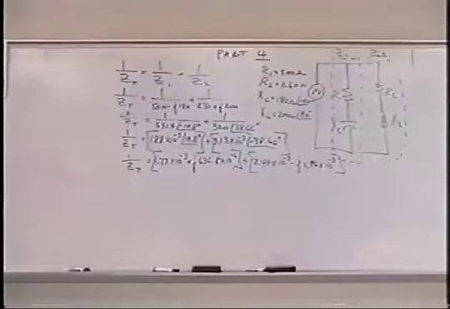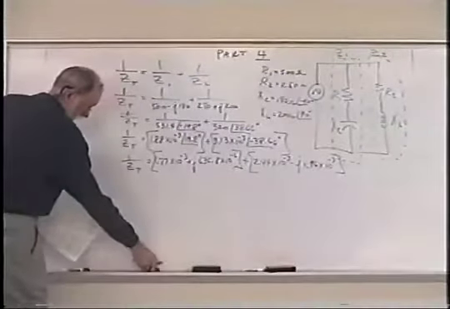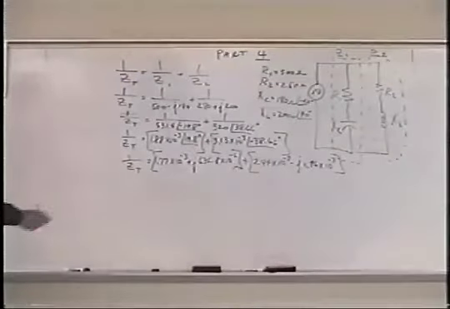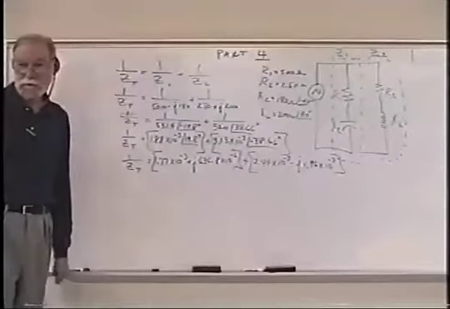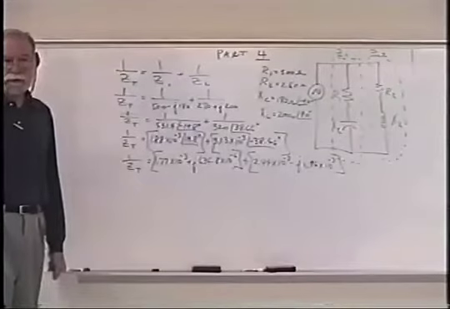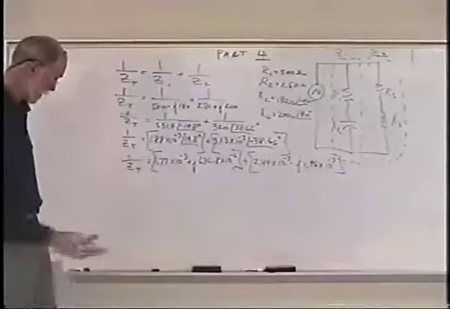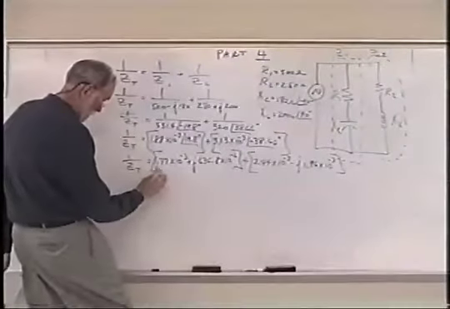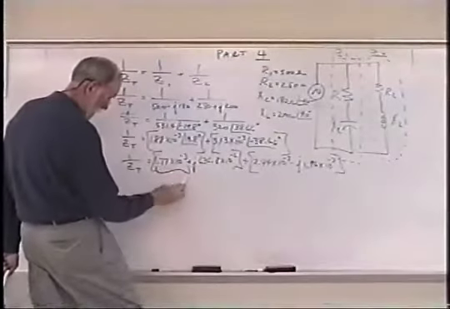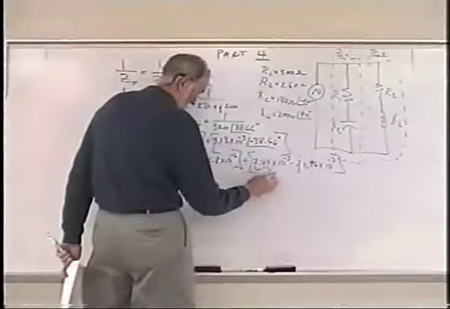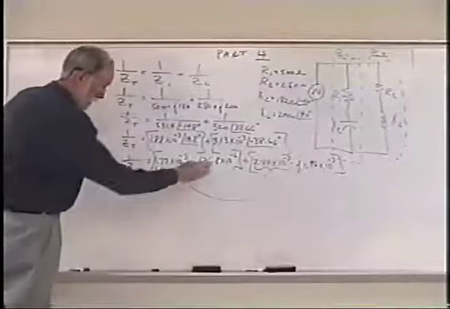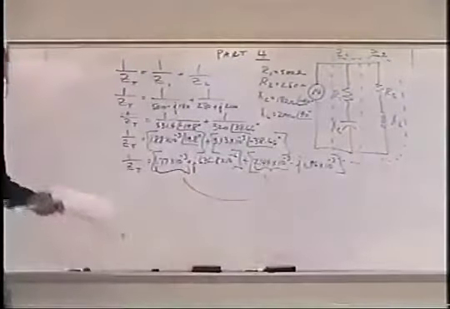And now that's my rectangular forms. And remember, when we add and subtract in rectangular form, we combine r's and j's separately. So this r with this r, this j with this j over here.